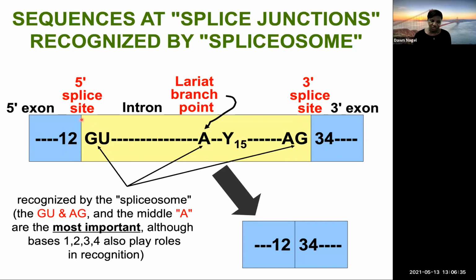They're not as conserved as these two sequences. Quite often, this 1 and 2 is also a G or a T. So there are some sequences that you see most commonly, but within the introns, you have a GU at this 5' splice site and an AG at this 3' splice site.